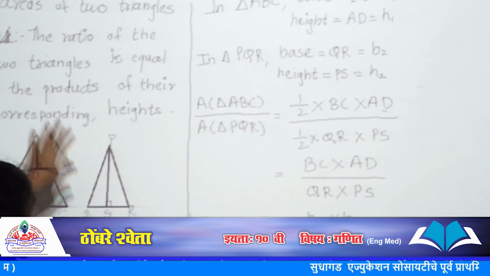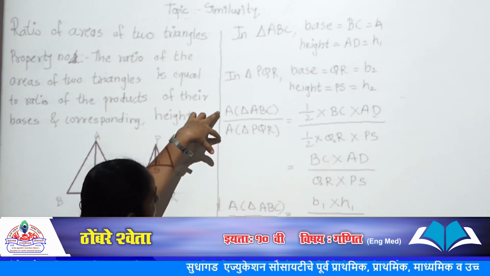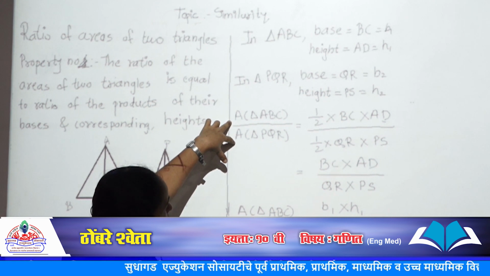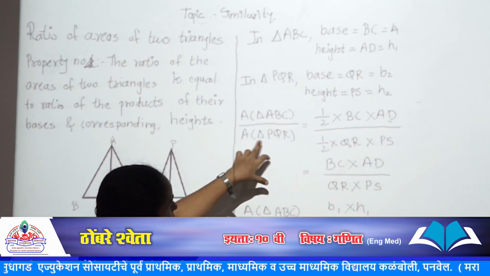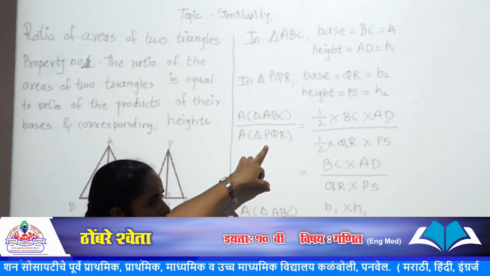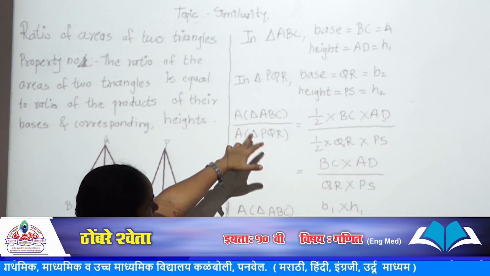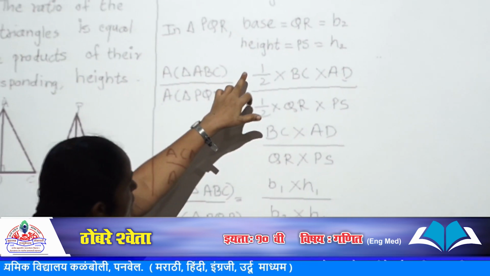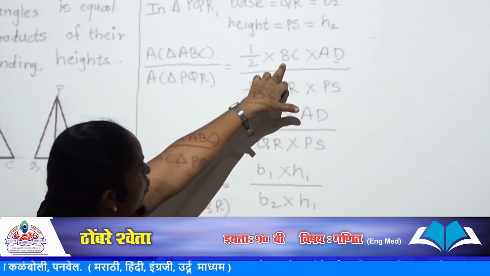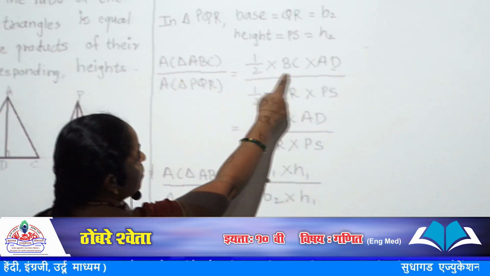Now according to the property, here we will take the ratio of the areas of two triangles. That means area of triangle ABC upon area of triangle PQR. Now in the previous stage we had seen the formula to find the area of a triangle. That formula we are going to use here. What is that formula? 1/2 into base into height.